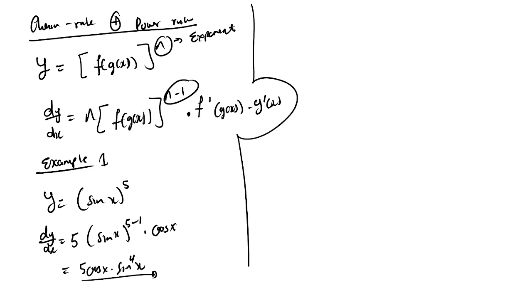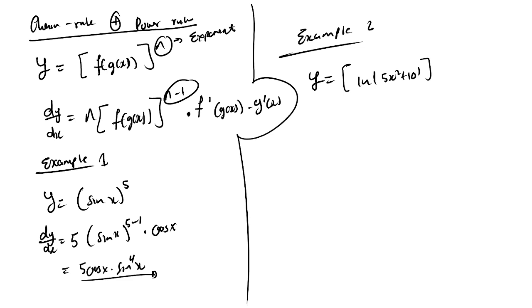Let's look at the second example. Example 2. Let's say you have y equals the ln of 5x squared plus 10, which is raised to the exponent 3, and you are required to take the derivative of this. The derivative of y is going to be dy over dx, which is equal to this.